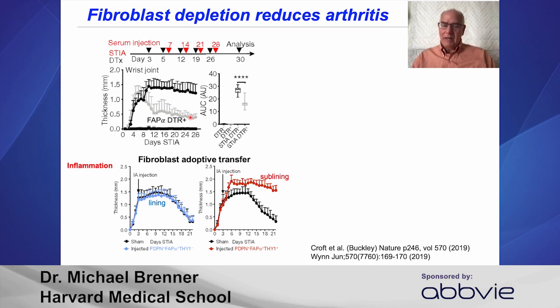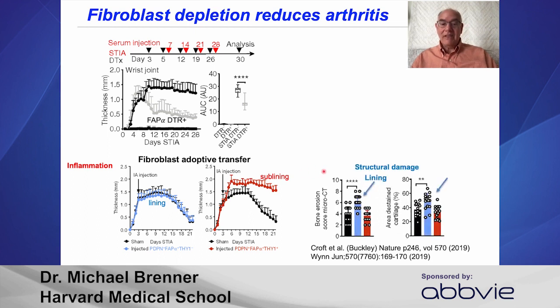And then remember, I commented there were lining and sublining fibroblasts, or sections of the synovium containing fibroblasts. Well, they then adoptively transferred intra-articularly into mice lining and sublining fibroblasts that they'd sorted. The sublining fibroblasts shown here significantly increased the inflammatory process in the arthritis, whereas the lining fibroblasts transferred into the joints during arthritis in mice significantly increased bone or cartilage damage.